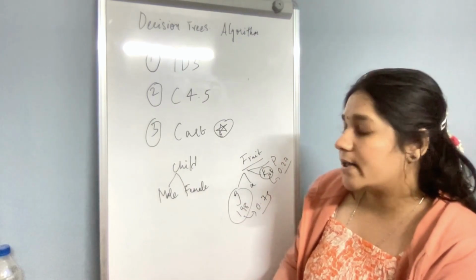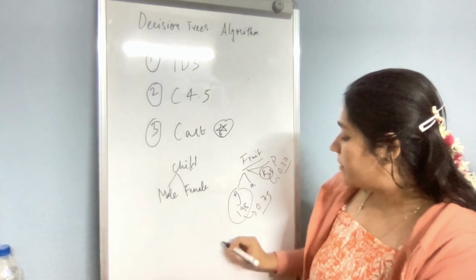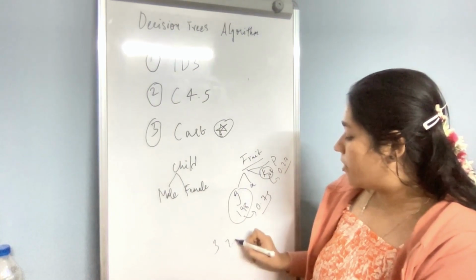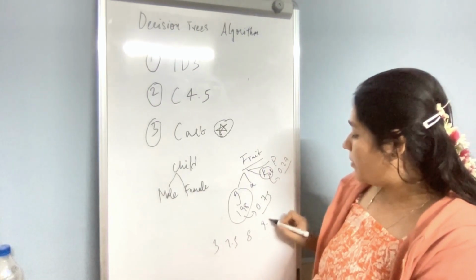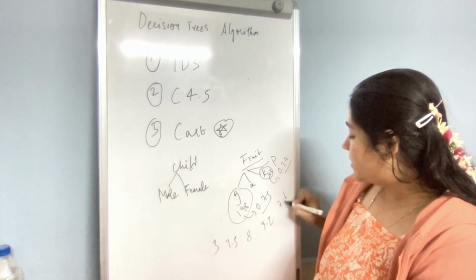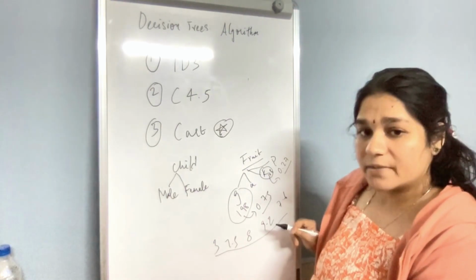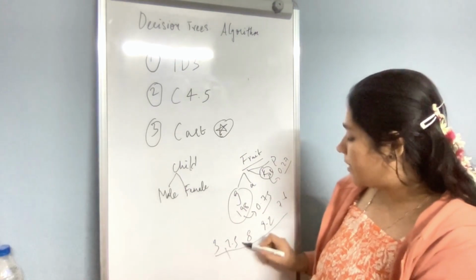When you have values like 3, 7.5, 8, 9.2, then again 7.6, all these values are decimals and they are continuous one after the other.